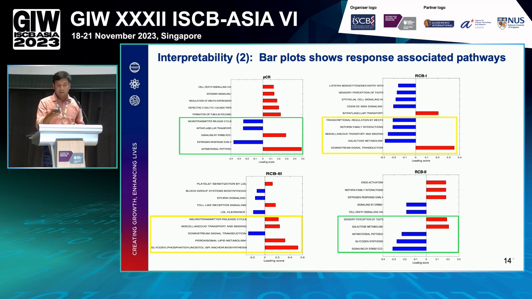Like in PCR, the first pathway, antimicrobial peptide, I also found in the RCB2. The antimicrobial pathway was positively associated in PCR, whereas in the RCB2 it is negatively associated. Though they share the common pathway, their regulatory role might be different.